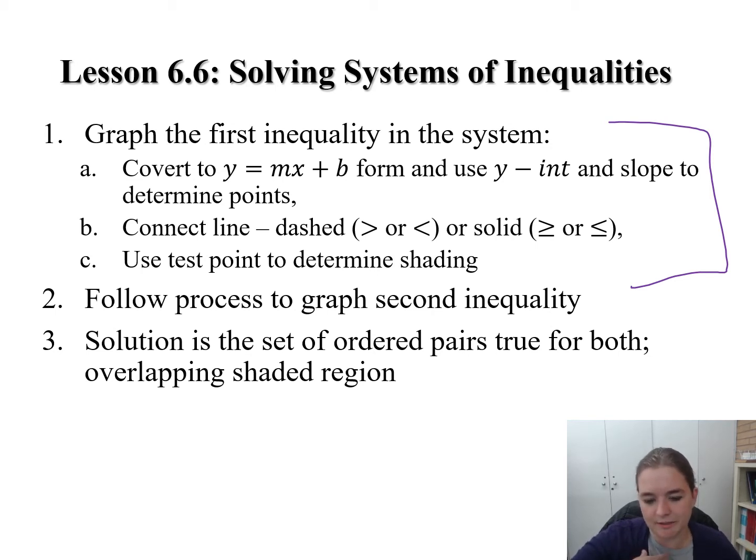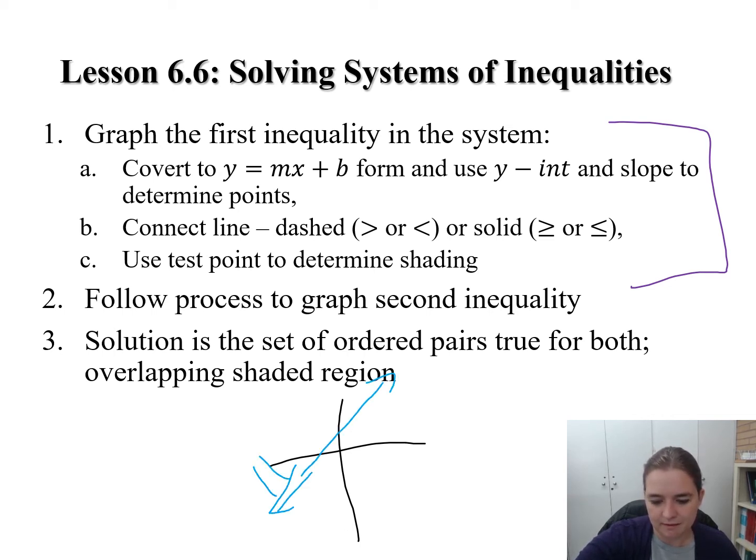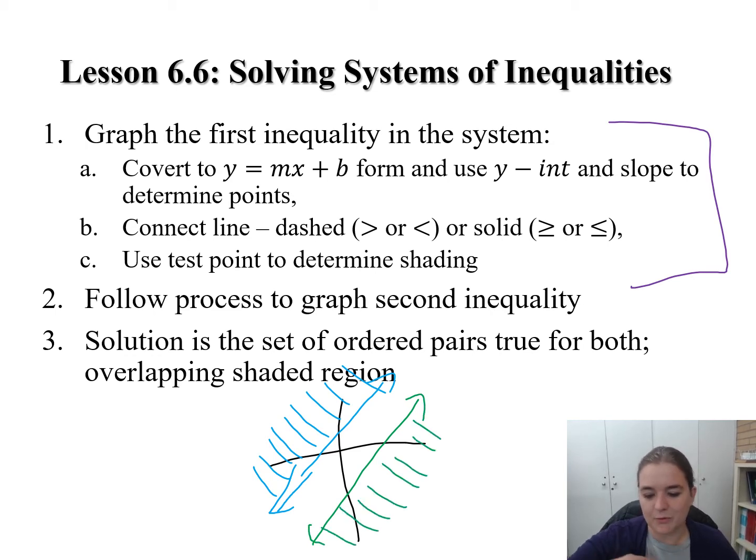One little side note here, you can have a system of inequalities with no solutions. If we have any shaded regions that overlap, we have infinitely many solutions because there are infinitely many points that would exist in that shaded region. But the one situation that you can have is if you have parallel lines. So let's say I have this parallel line and the solutions are above it, and I have this parallel line and the solution is the points below it.